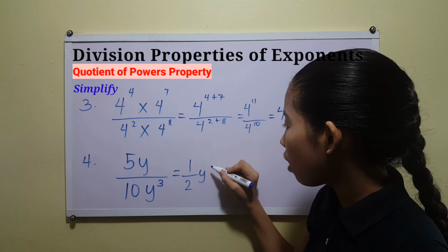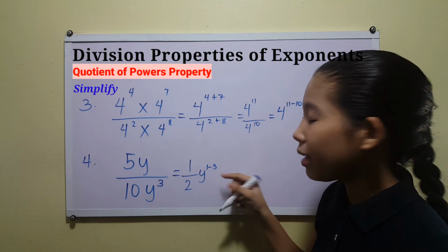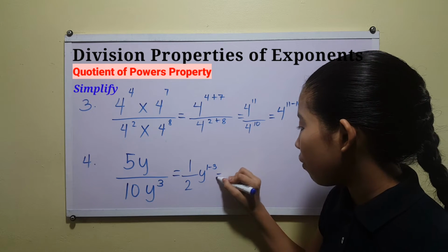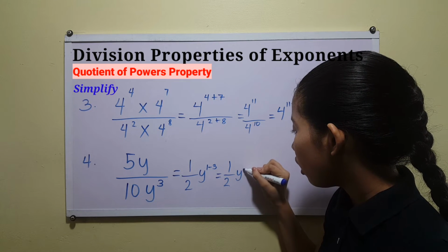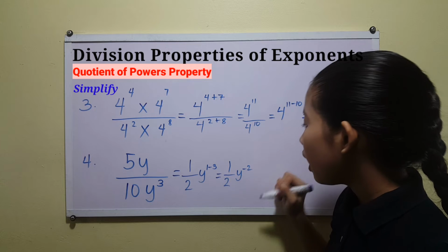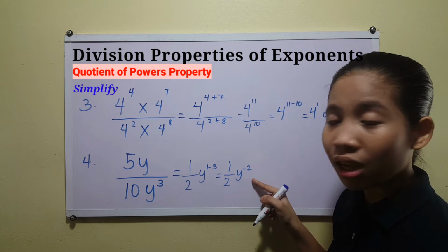y to the power of 1 minus 3. And 1 minus 3 is negative 2. So we have 1/2 y to the power of negative 2. As you can see, our exponent is negative. So the reciprocal of y is 1 over y.